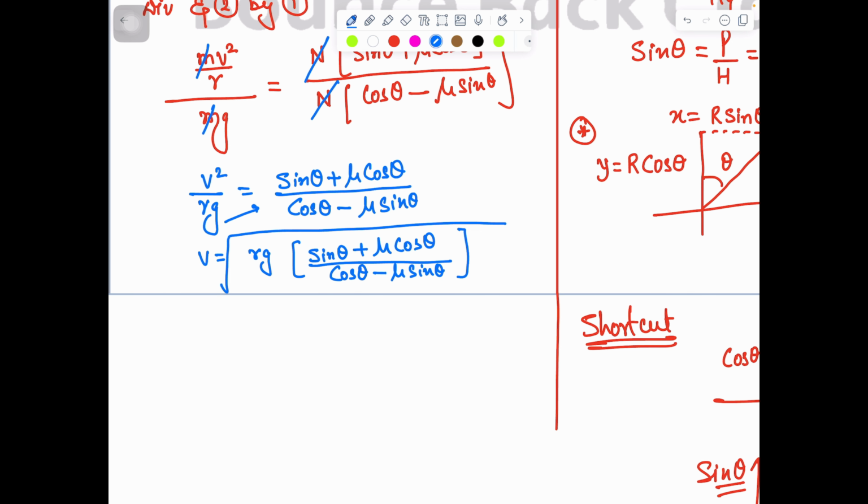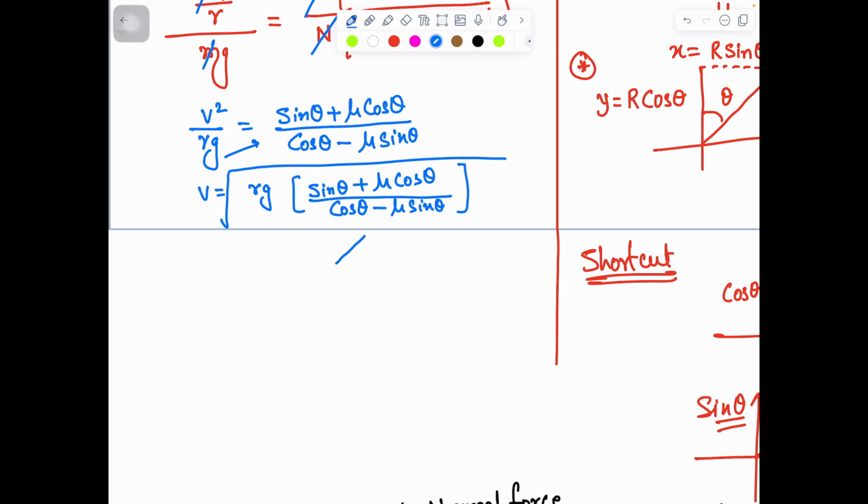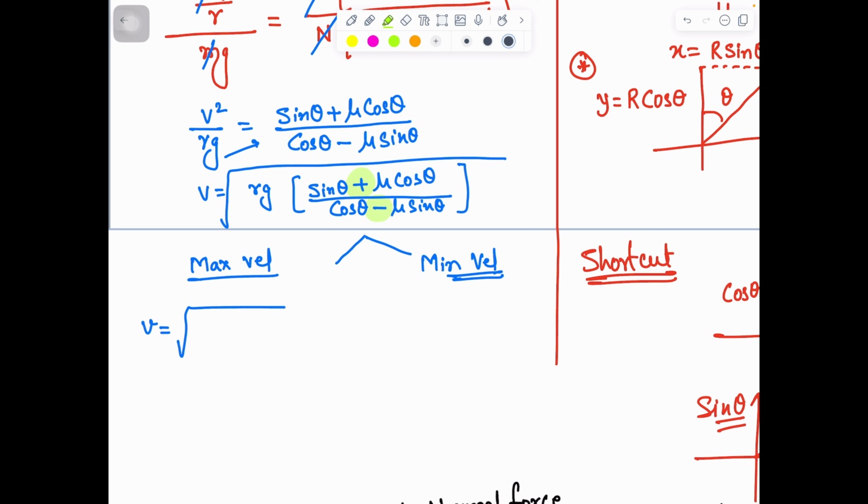I just want to tell you something. In case of maximum and minimum velocity, in the question they can ask you both things. So maximum velocity v equals root of, and this is your shortcut, plus and minus.